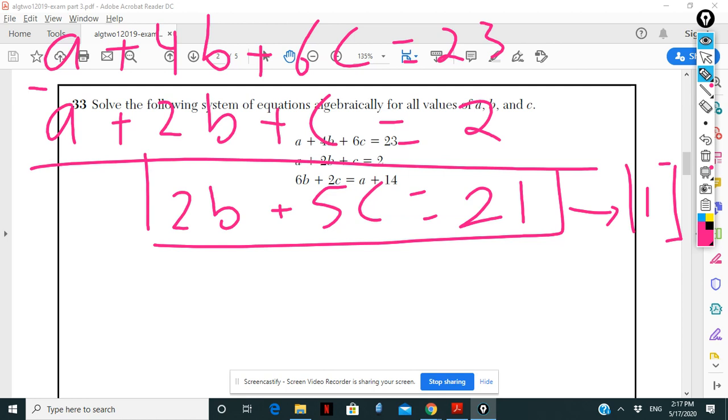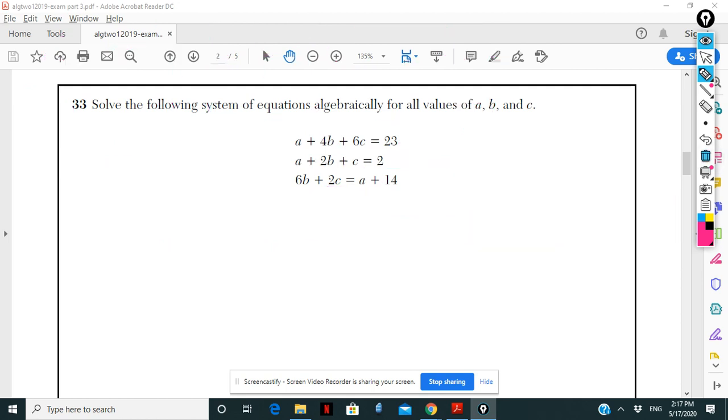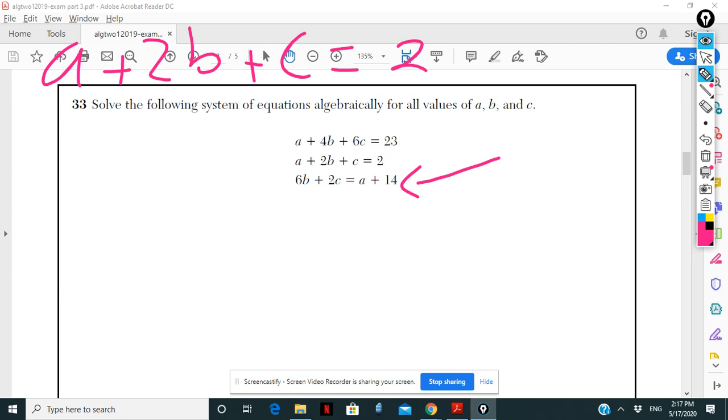So I'm going to use two other equations. So I have A plus 2B plus C equal to 2. Now look at this equation. The A on that side, so I'm switching it, minus A, plus 6B plus 2C equal to 14.